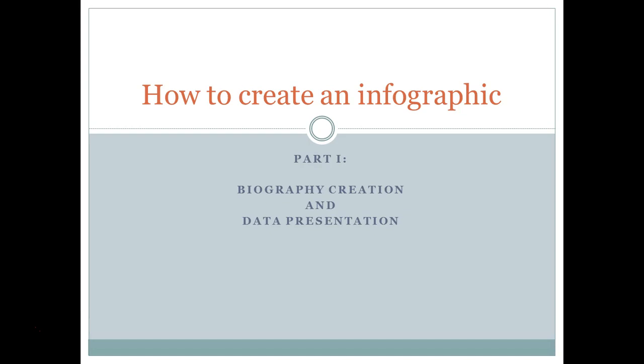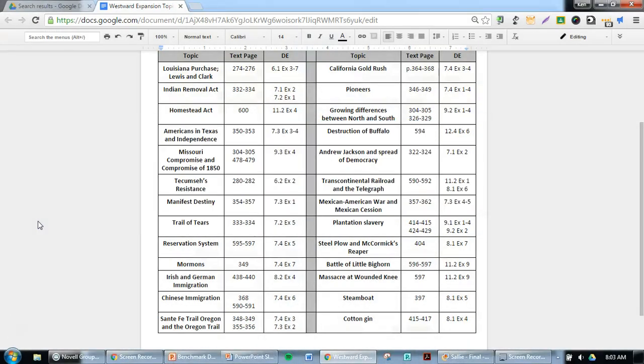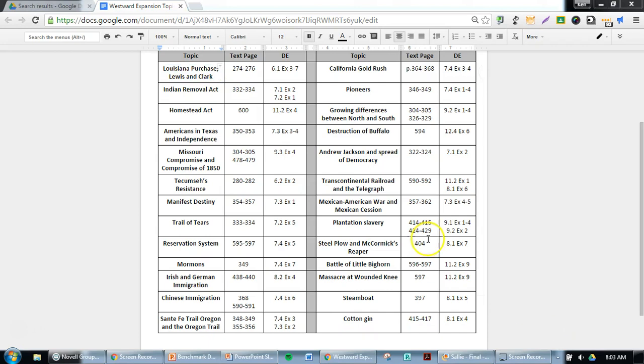All right, so from there, we can start choosing what topics we want to look at. We go back to the list that we shared with you of the different page numbers of where you'd find different topics. We look at the Louisiana Purchase, Lewis and Clark. Well, that might make sense, so we can keep that in mind. The Indian Removal Act probably will not have a huge direct impact on her, though there would be some ways it could matter.